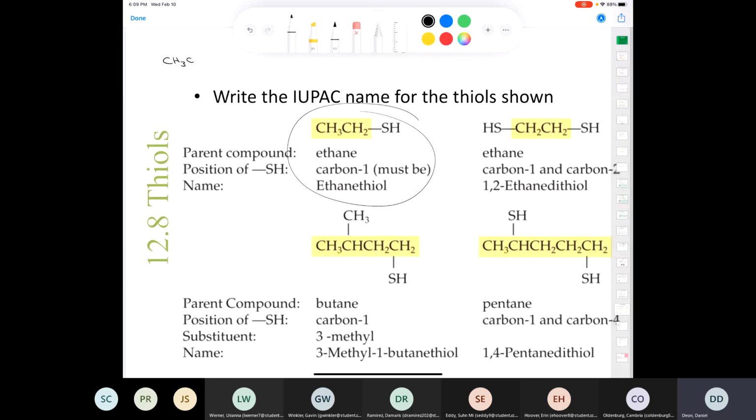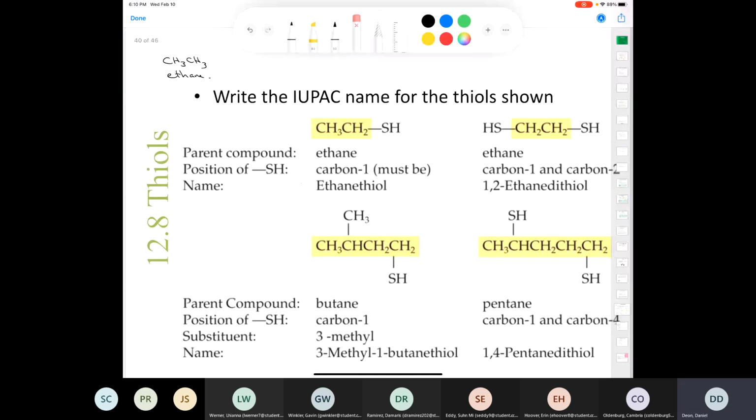If you remove one of these hydrogens and you replace it with the SH, you end up with a thiol. So we call that ethane thiol. We don't have to call that one 1-ethane thiol because it wouldn't matter if the thiol was on either side, it would still be on the first carbon because there's only two carbons. So it's kind of a simple example.